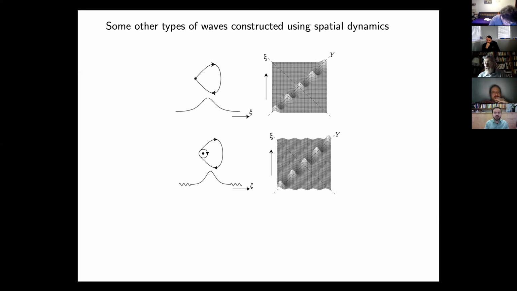Okay, so one thing which is difficult to do using spatial dynamics, which I think was touched upon two weeks ago, was to get fully localized waves. You can do spatial dynamics for waves which are localized in all horizontal directions, but I've seen this done for problems where you have radial symmetry, and this you don't have in the water wave problem.